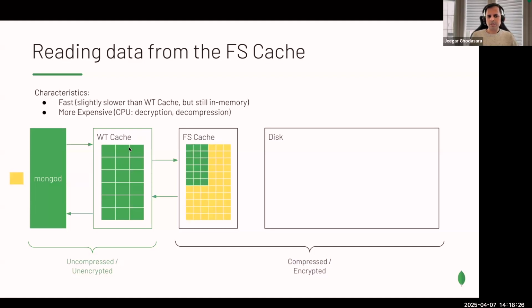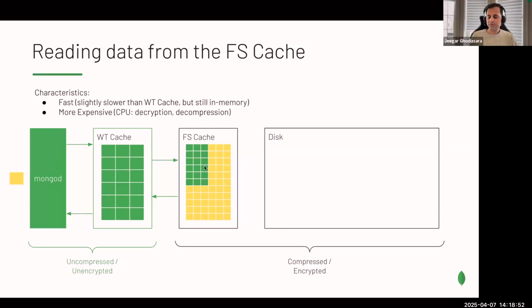Now, just to complete the thought process, if you don't have the document in the cache, then it will have a page fault in the WiredTiger cache, and it will try to load that page into the file system cache. File system cache is able to hold a lot more data in memory because those pages are compressed. If it finds that in the file system cache, then it will return to the WiredTiger cache and then back to the application.